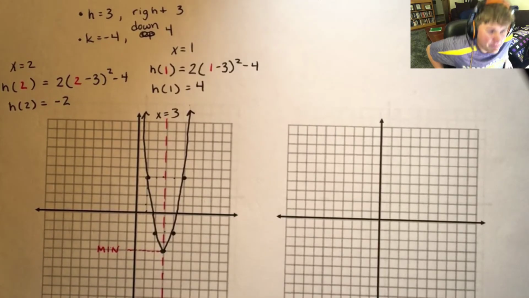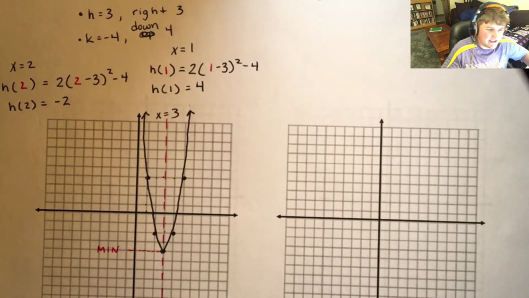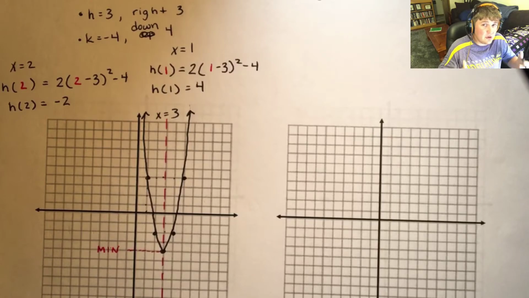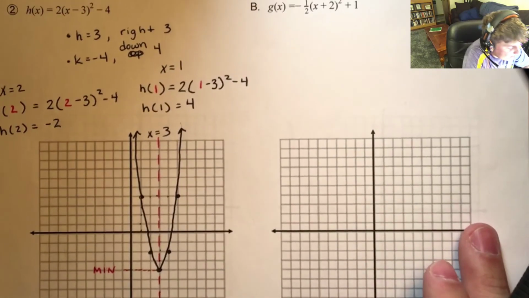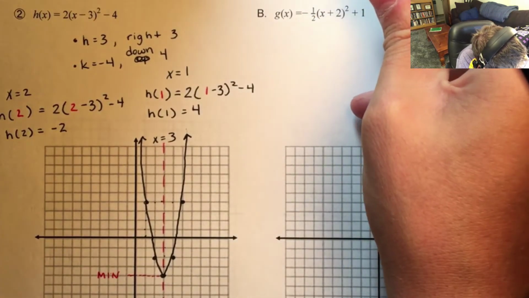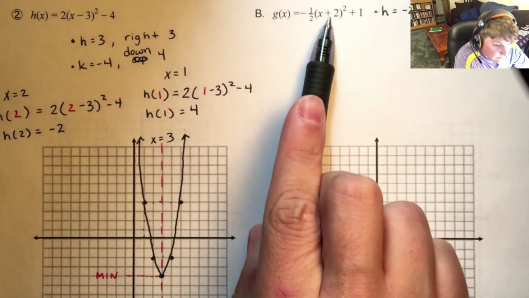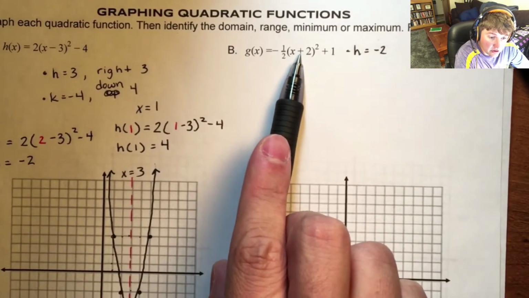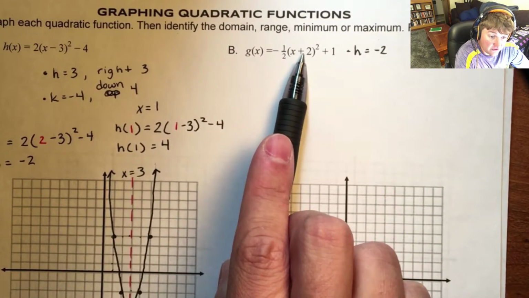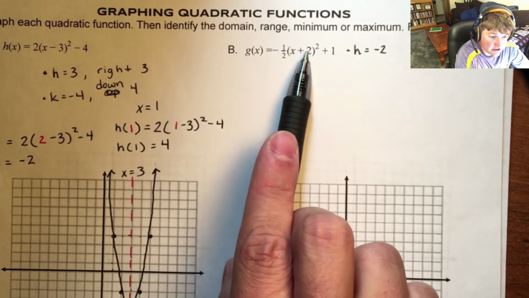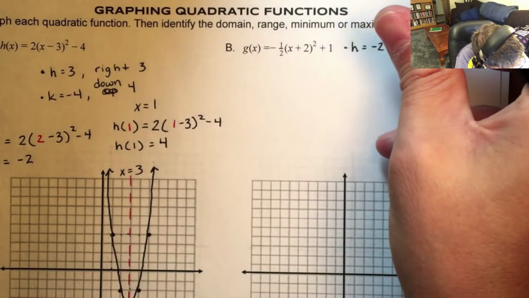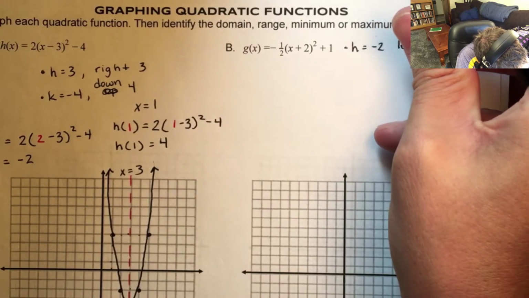The process is the same. It's a little tedious at first, but if you know your transformations, it's going to go a lot faster. We know that my h value here is going to be equal to negative 2, because I have a plus 2 here, and that's what causes it to be moved to the left 2.